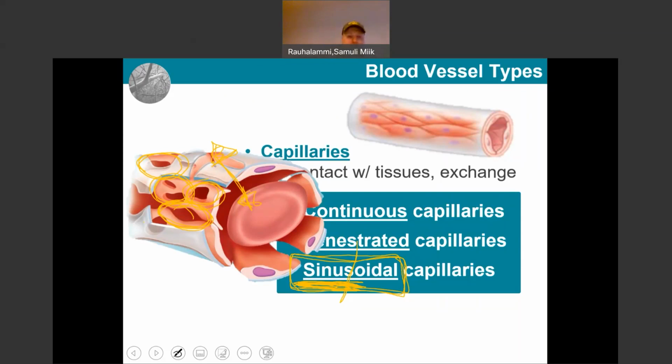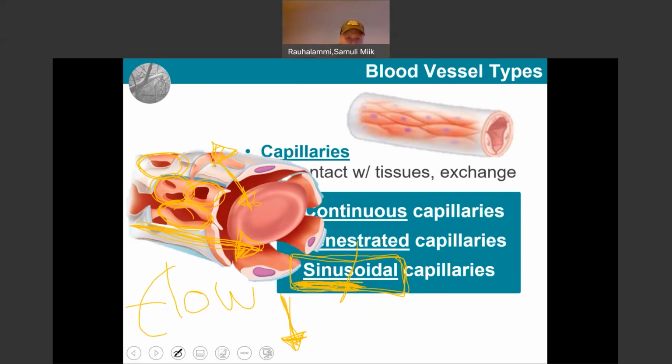The other thing that we notice is that since the wall of these sinusoidal capillaries is not completely smooth, the flow of blood within these capillaries goes down. We have slower flow of blood in this capillary type.